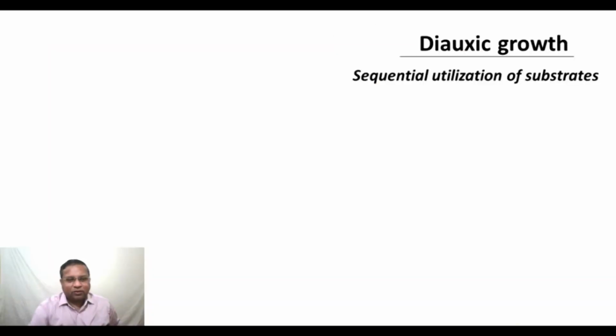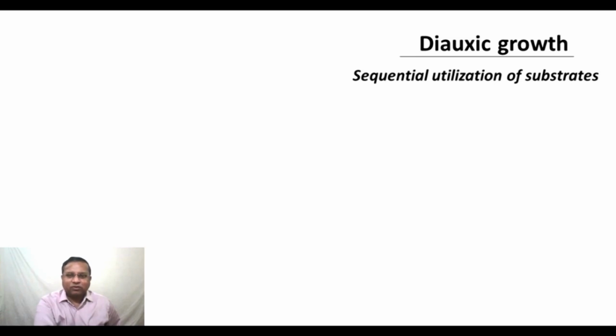That's actual data. So that is a simple batch where probably there was one limiting substrate, one main substrate, and the cells grew on that substrate, most likely glucose. There is another type of growth that is sometimes seen, which is called the diauxic growth.